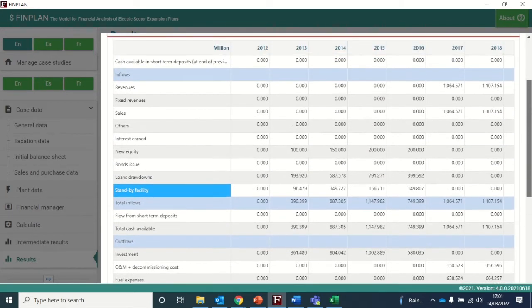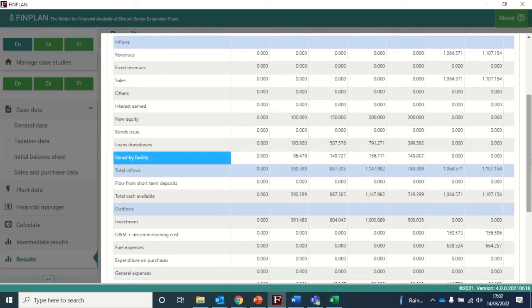If we go up to look at the top row between 2013 and 2016, which are these columns here, you can see that major expenses are construction related. Other expenses are interest payments and loan repayments. From 2017, outflows include operating expenses, such as fuel, and financing expenses, including interest payments and loan repayments.